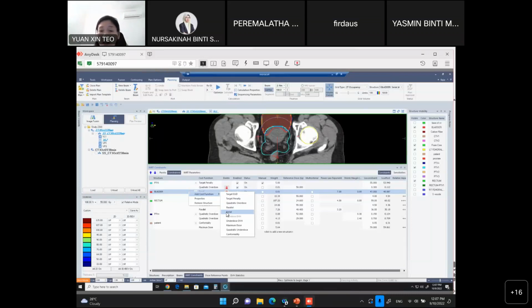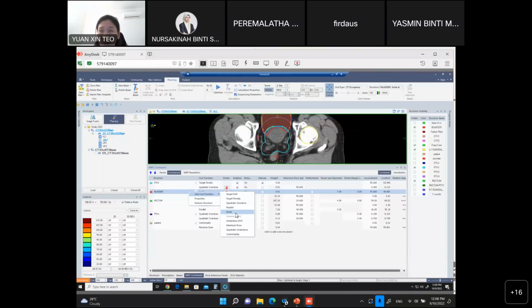Kidney means there are left and right kidneys, so these are all called parallel organs. And serial cost functions apply to those organs at risk where if the dose is more than the maximum dose, it will cause a very serious side effect to the patient. Means, for example, if you give 50 gray or 60 gray to the spinal cord, that patient may get myelitis.